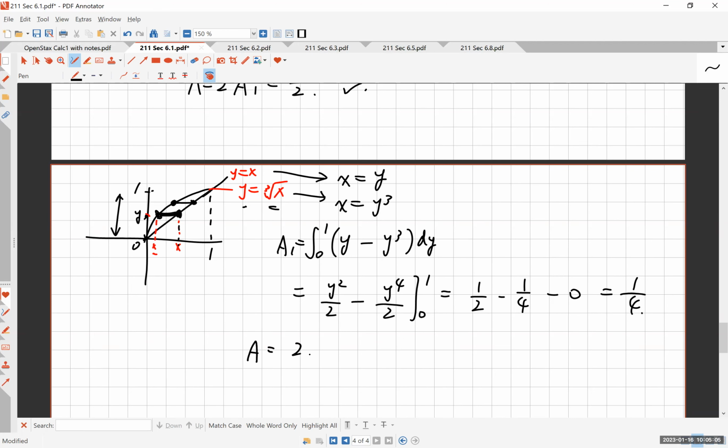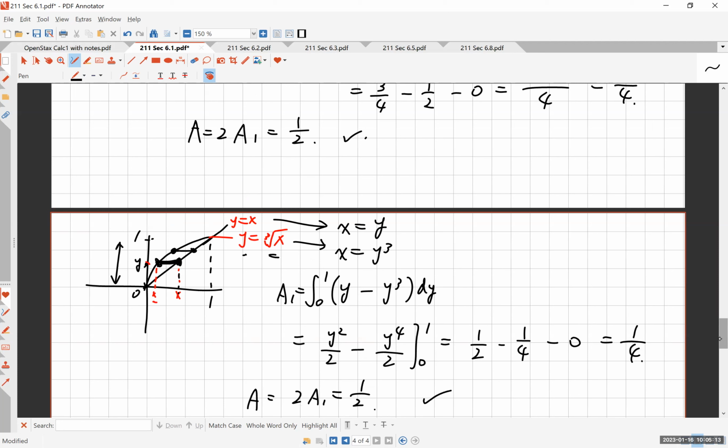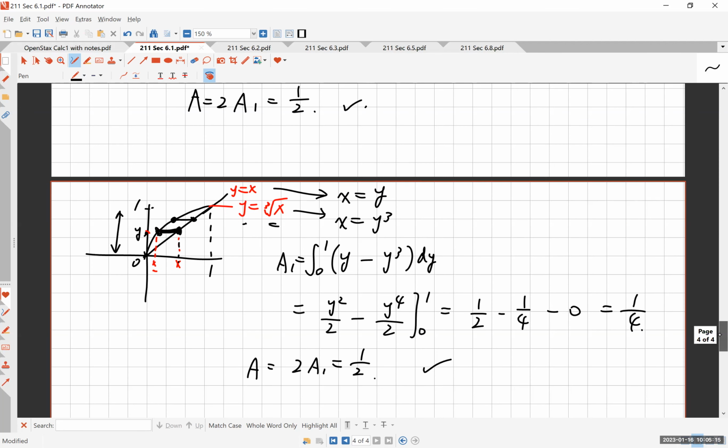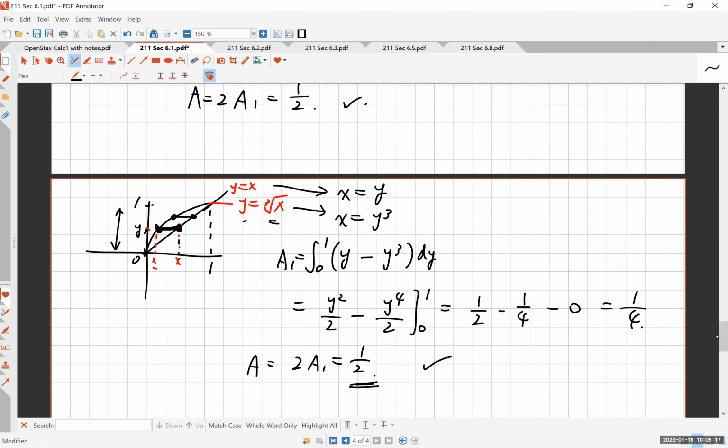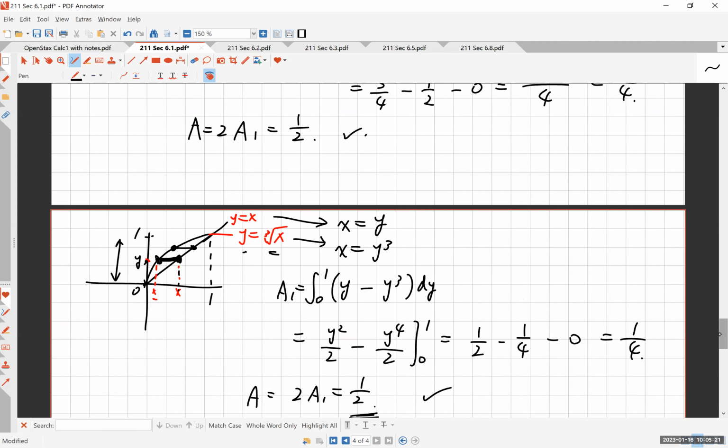So a is 2 times a1, which is 1/2. And that is still the same answer. You should always be happy when you get the answer you wanted to get. If this happens to be not 1/2, then you are in some sort of a dilemma, and you may want to go over either this answer or this answer, because they have to be the same, right?